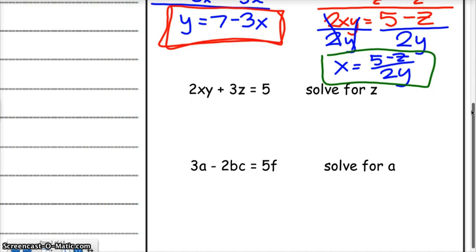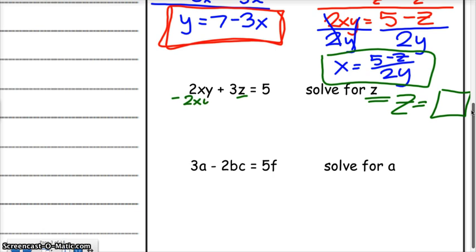So this one I am solving for z. So my final goal, I'm going to want z is equal to something. I underline the z. Remember, move what's not connected, then move what is connected. What is not connected to my z right now? 2xy. This is a positive 2xy. How do you move a positive?